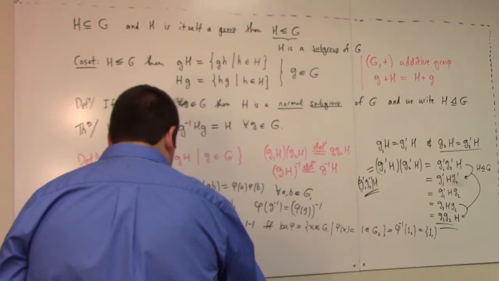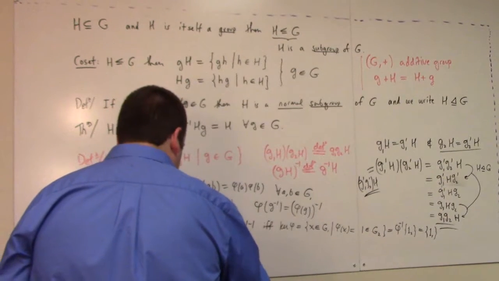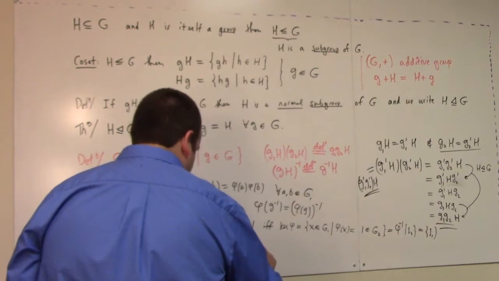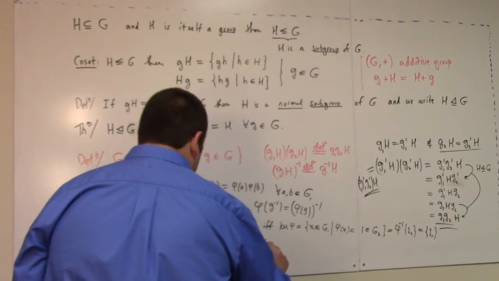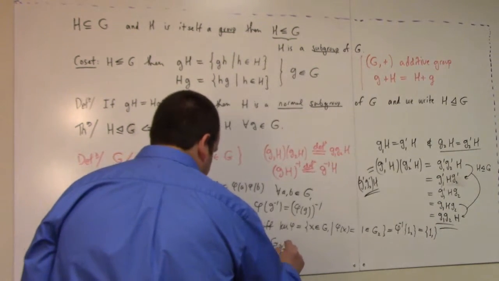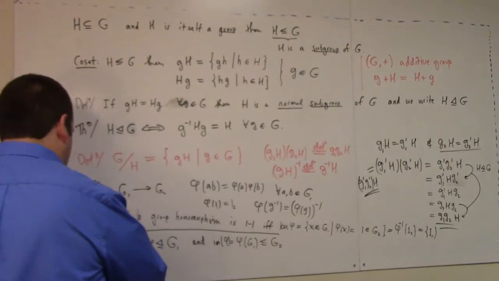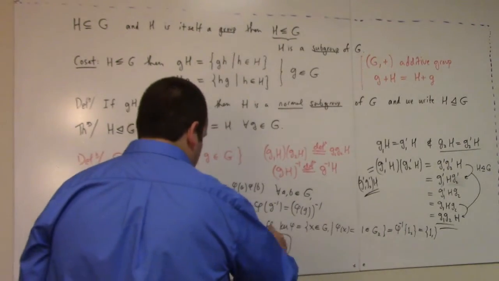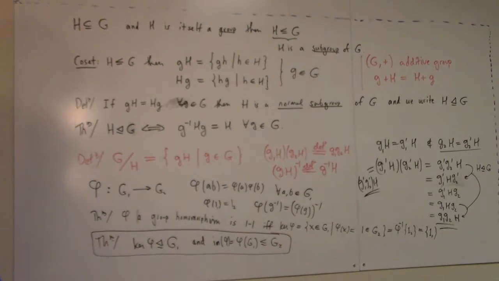And the image of phi, which you could also write phi of G1, is a subgroup of G2. It's not necessarily normal, and that would take extra structure. But the kernel is automatically a normal subgroup. The kernel is the same as null space, right? Right, it's the abstraction of null space to a group.